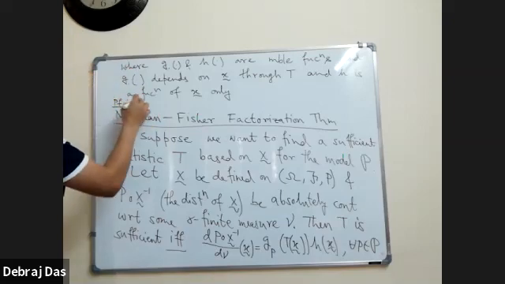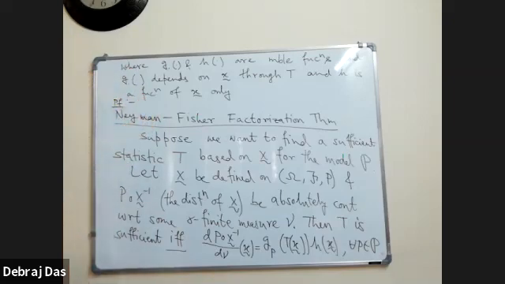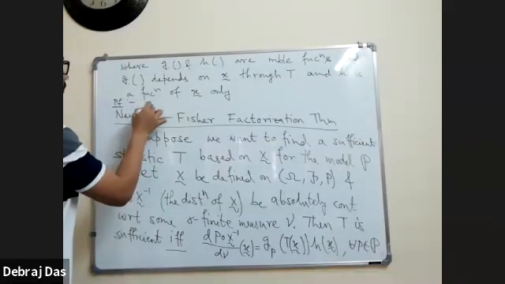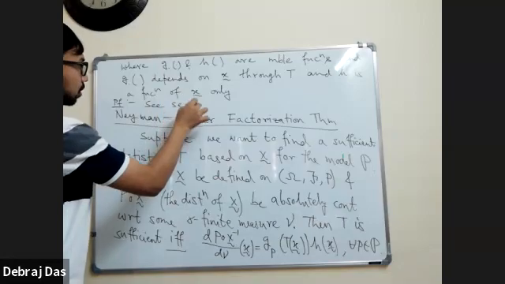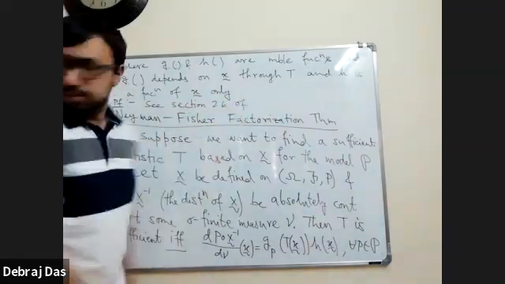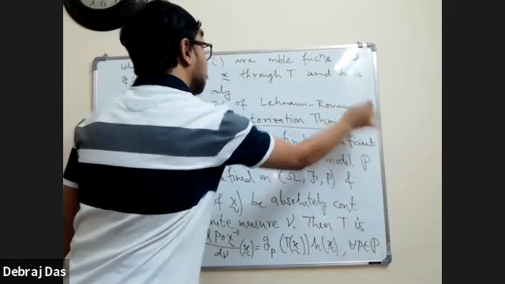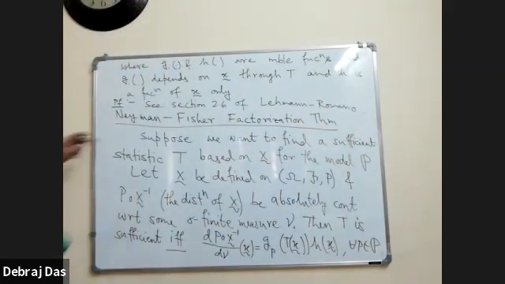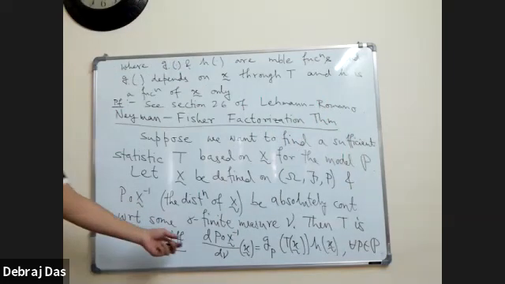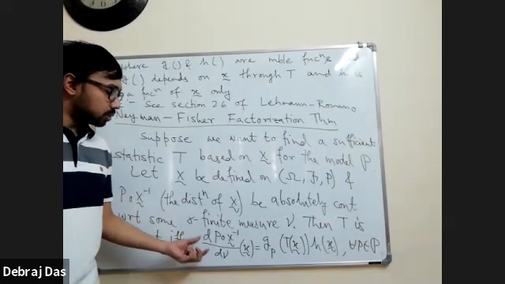For that, I think you can look into, for the proofs, see section 2.6 of Lehmann and Romano, the book by Lehmann and Romano. Okay, so for the general version, you should know the general version.